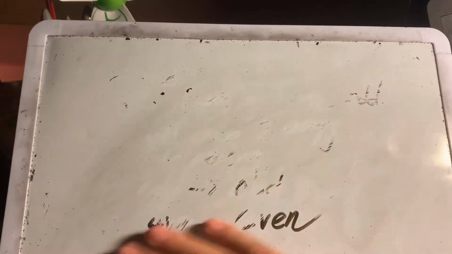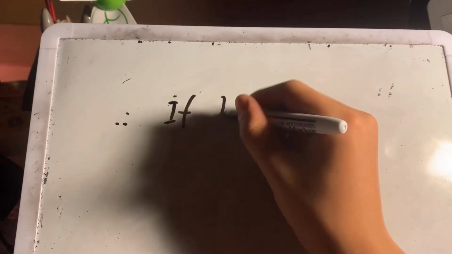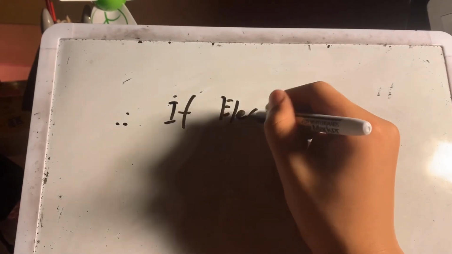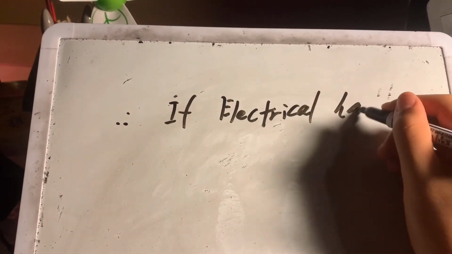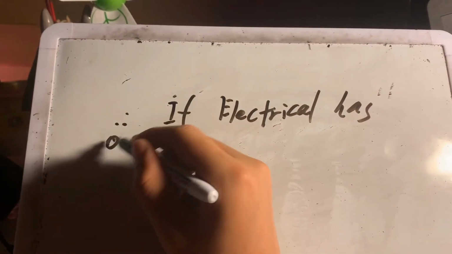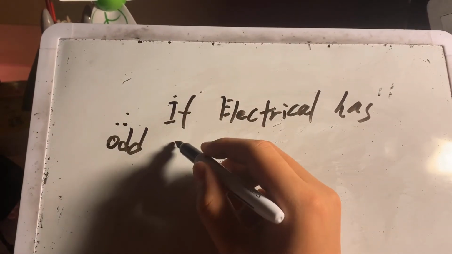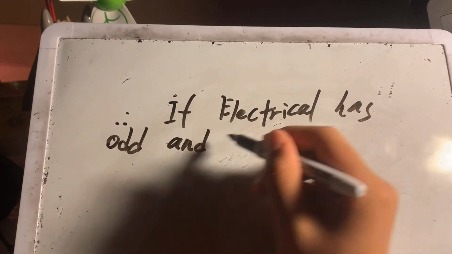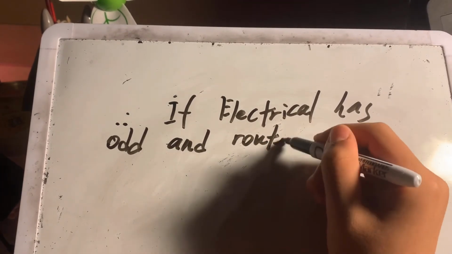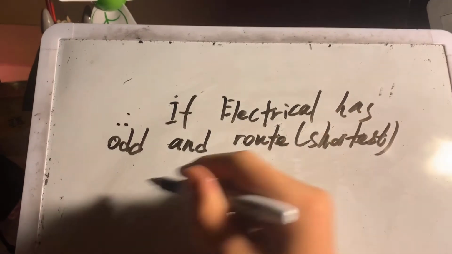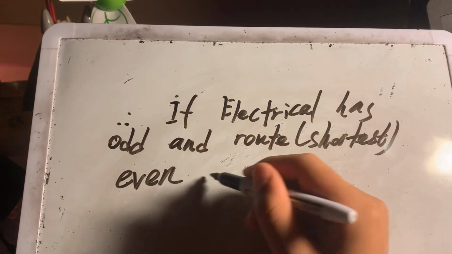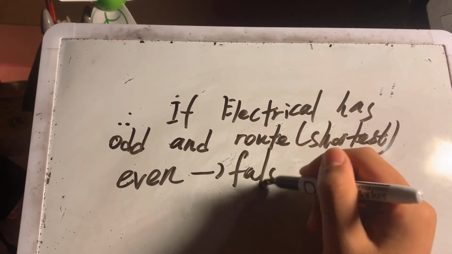So we transfer this into the problem, which means if the electrical energy is odd and the shortest route is even, then we just definitely print out false.